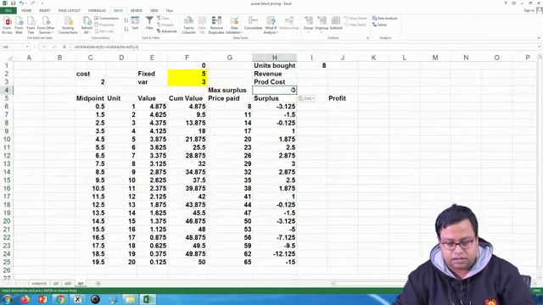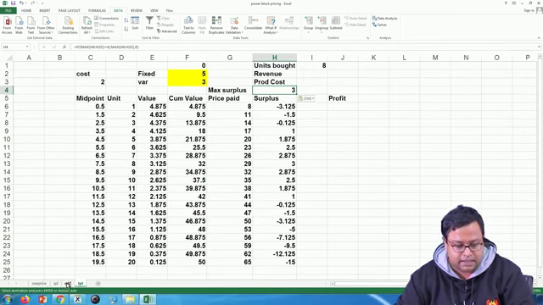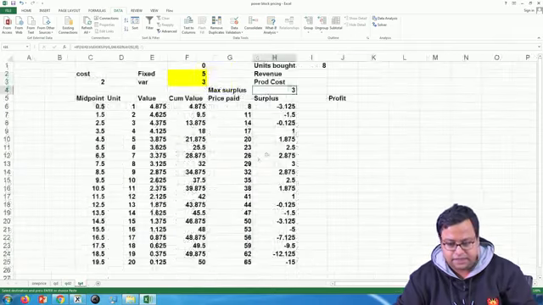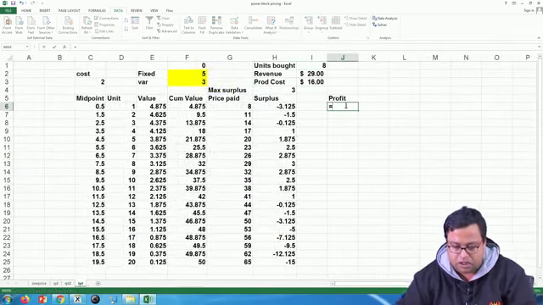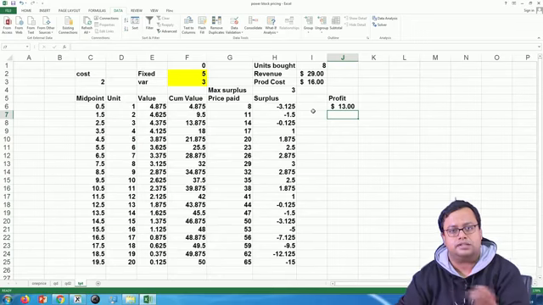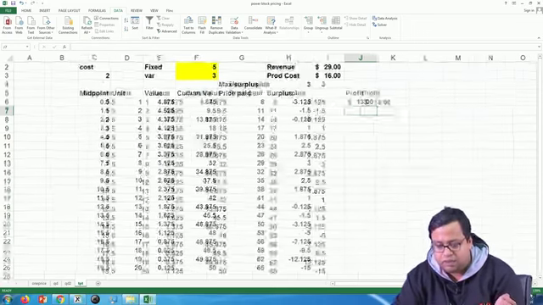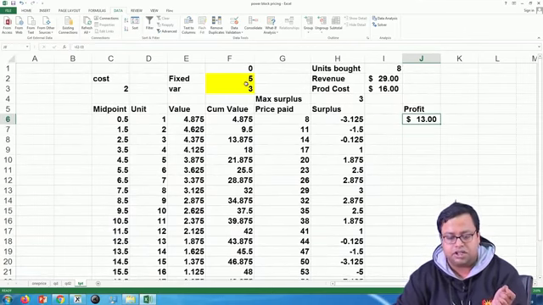That is your maximum surplus, and this I will probably copy and paste, and that is the revenue and the production cost, and the profit is nothing but the revenue minus the production cost. So, it is $13. Now, the same thing that we have done previously, I will try to maximize this $13 by changing this 5.